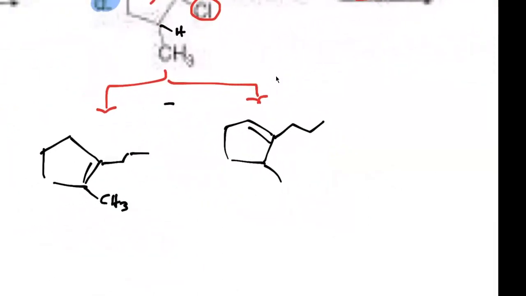I'll just leave it like that. So that's one product, and you got a CH3 here. And then the other product should look like this, right? And we already said that it was E1.